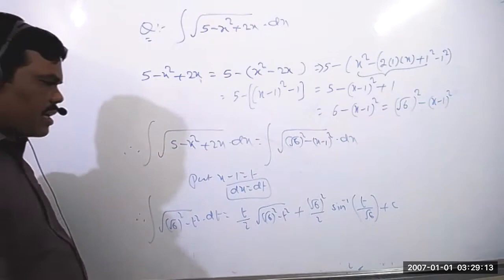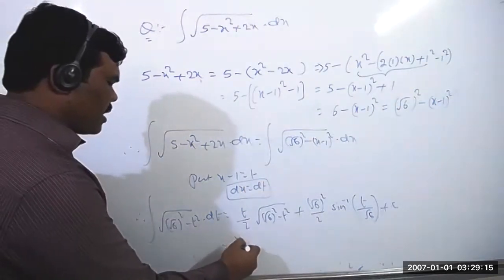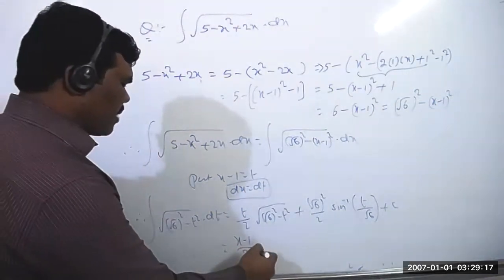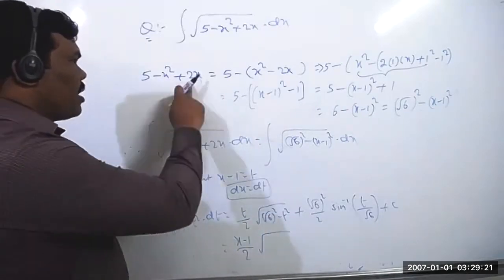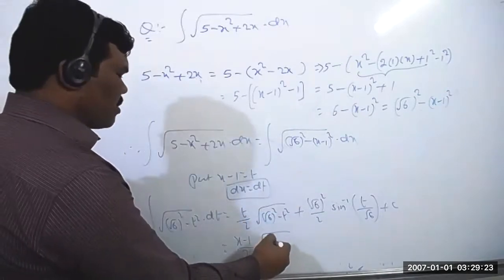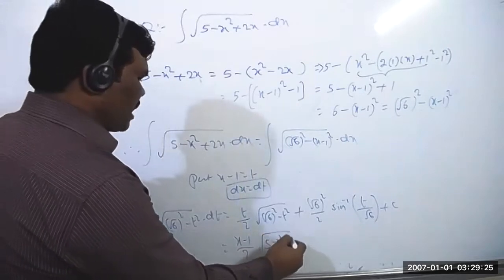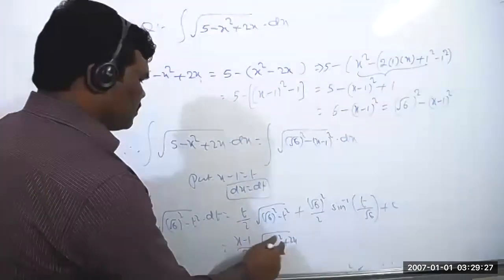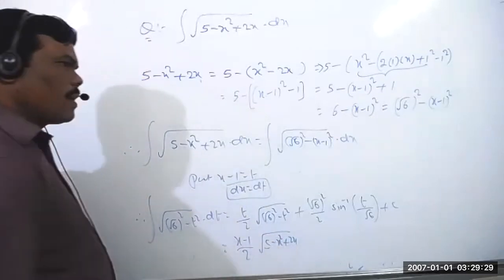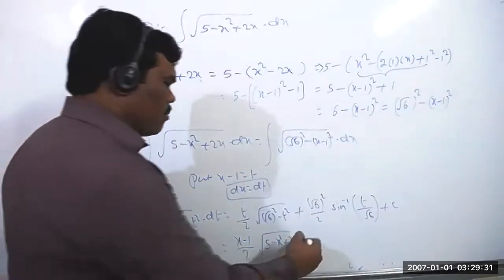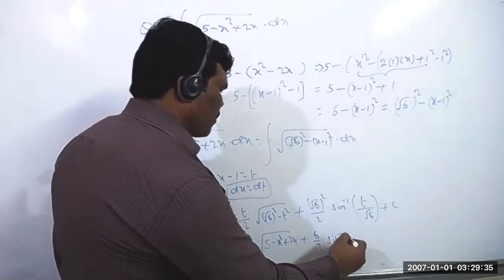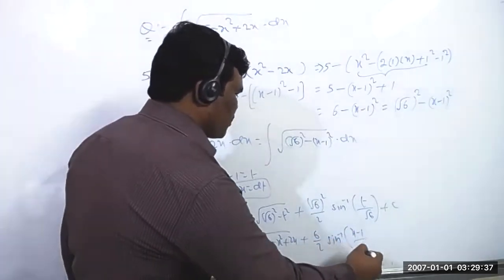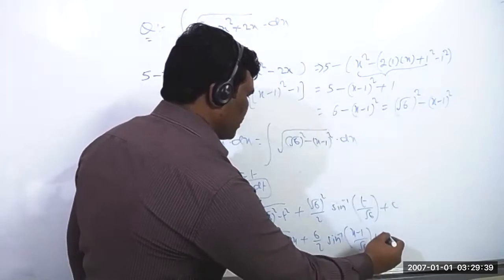Now we can replace the t value. The value of t equal to, we are taking x minus 1. So x minus 1 by 2 into root of, this value we got the same thing, 5 minus x square plus 2x, plus root 6 whole square equal to 6 by 2 into sine inverse of x minus 1 by root 6 plus c.